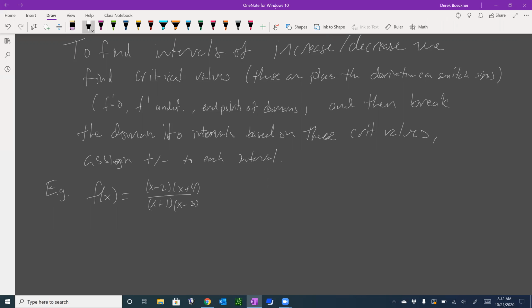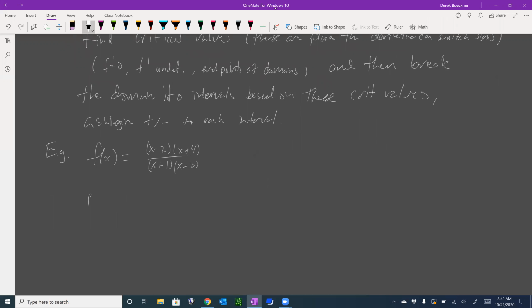Okay, so let's look at this. What's the easiest way to do the differentiation with this one? Logarithmic differentiation.